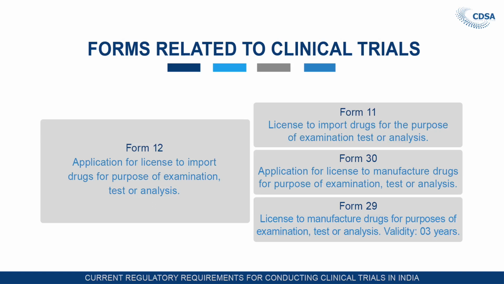In form 29, you will get the license to manufacture, we call it a test license, to manufacture drugs for the purpose of examination, test and analysis. The validity of these licenses, that is form 11 and form 29, is 3 years. 12 and 30 are the applications.